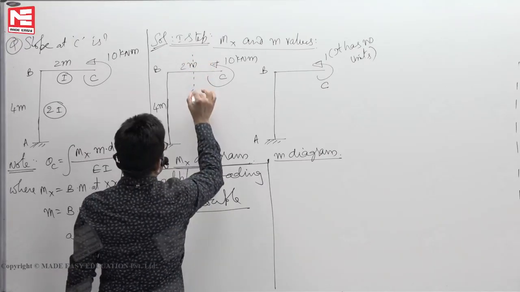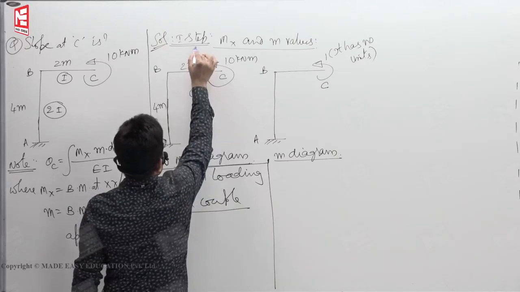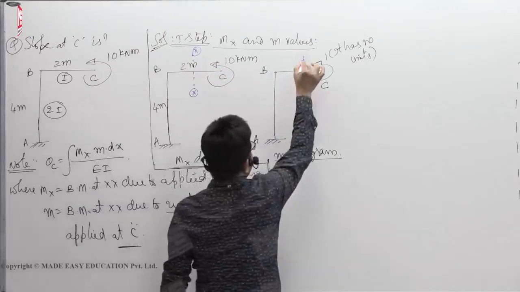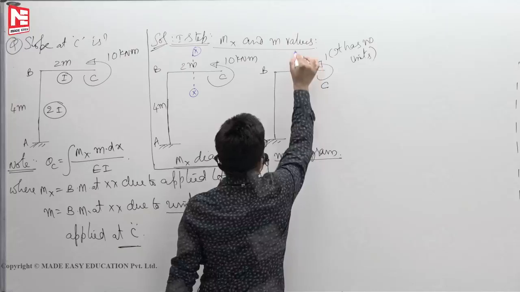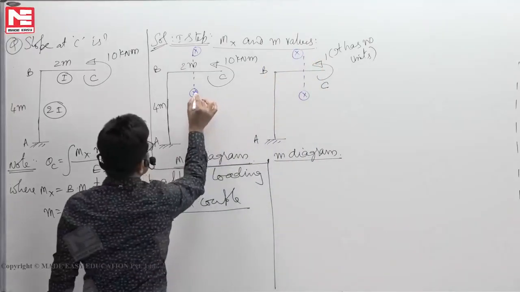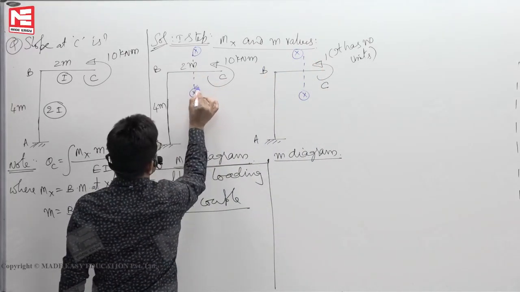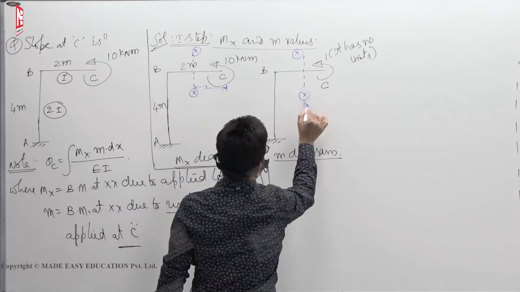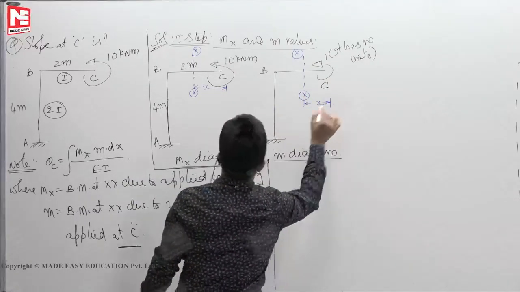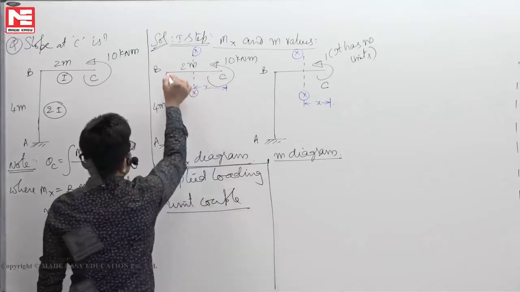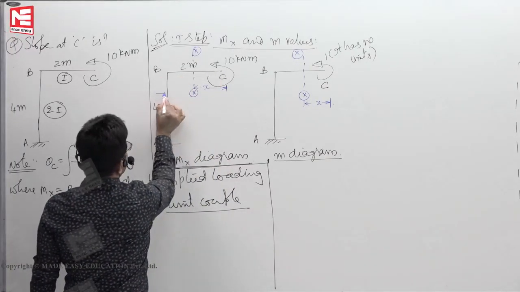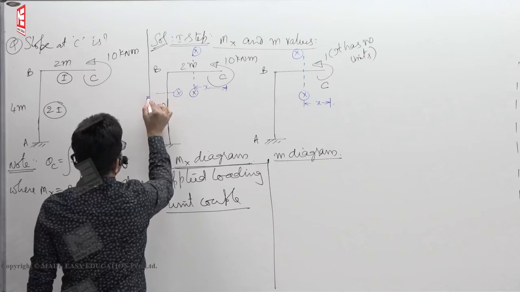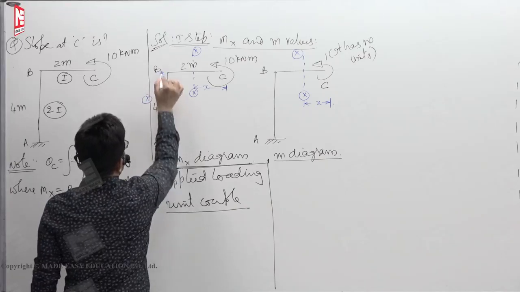Wherever you take a section xx in the applied load, same you have to take here also, section xx. This is at a distance of x we have taken, let us say. Now this is also x. So for this one and for BA member, you can take a section xx here at a distance of x.